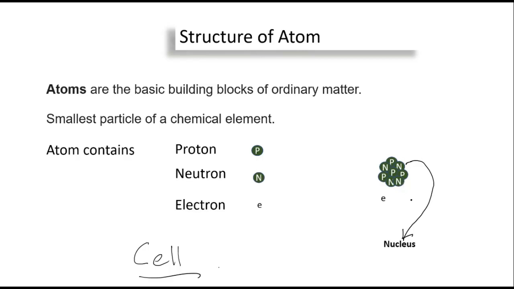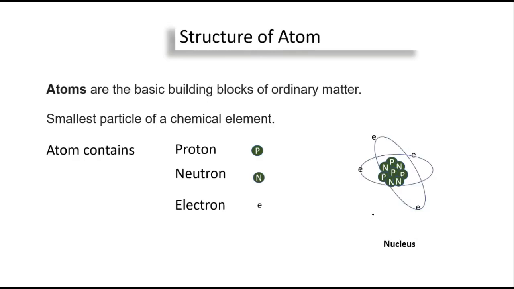This nucleus is made of protons and neutrons. Try to understand this. And where are the electrons? Electrons are moving around the nucleus. Now look at the number of electrons I have taken, and they simply move around the nucleus, just like how the planets move around the sun.